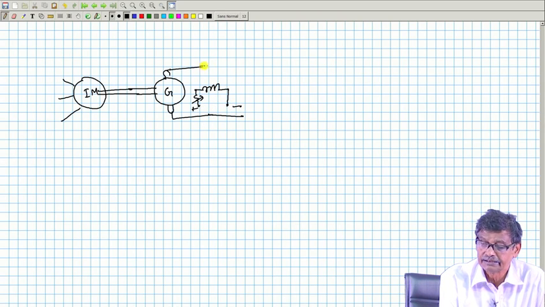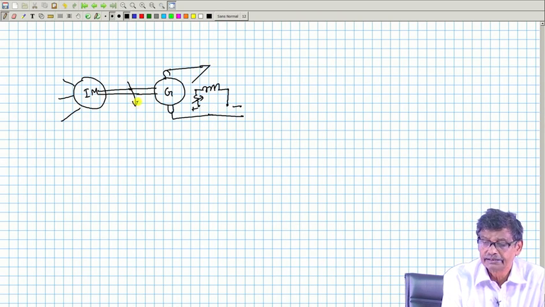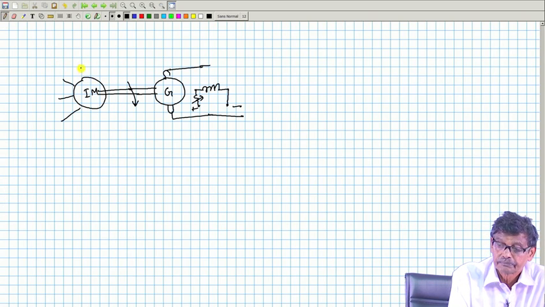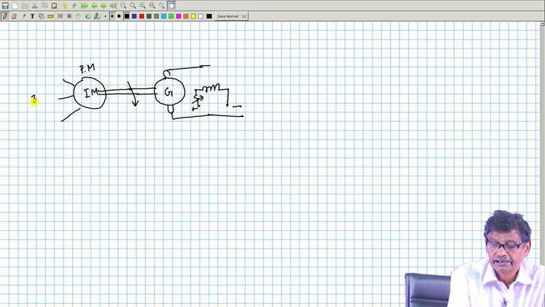This is the generator. You have to run this generator. Therefore, prime mover is this induction motor, 3-phase supply, AC supply.